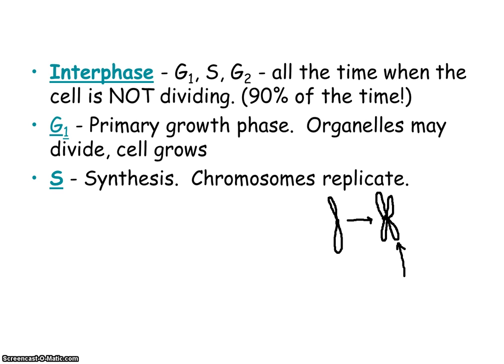So it synthesizes a second chromatid so that when this cell divides later on, each new cell will get a full copy of the DNA. Again, if a cell was never going to divide again, it would never need to go to synthesis. It would just go into G0, and it would just stay in that phase permanently.